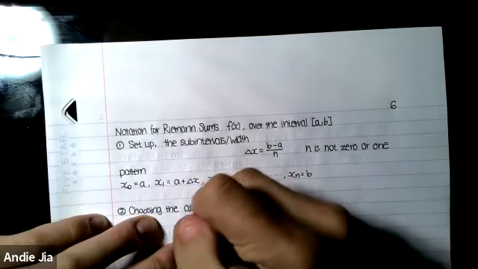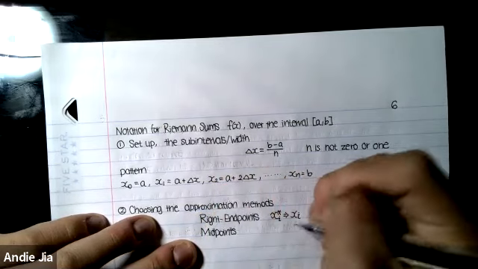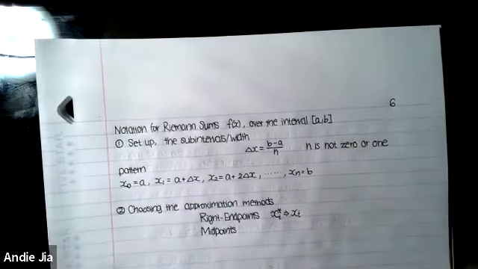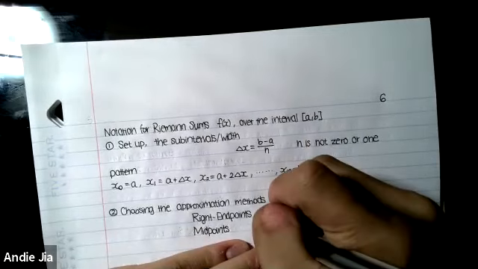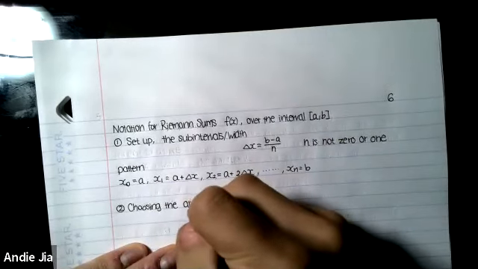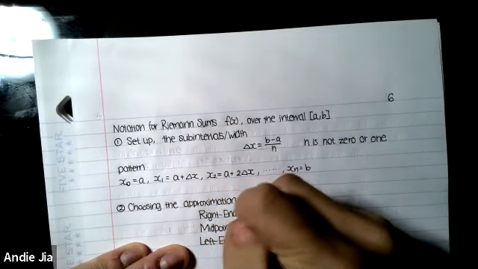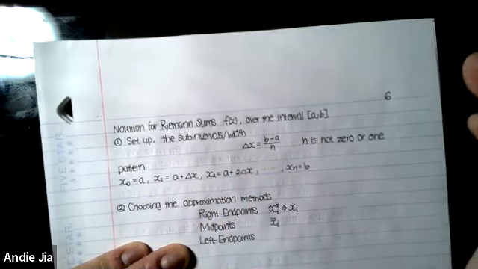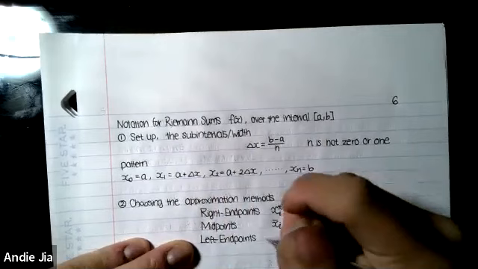If it's a midpoint, we have x bar of i, because x bar is the average, so it's the midpoint of each subinterval. And for the left endpoint, it's x sub i minus 1, because we approximate from the lower bound of each subinterval.